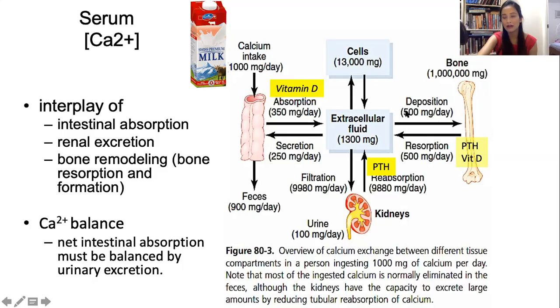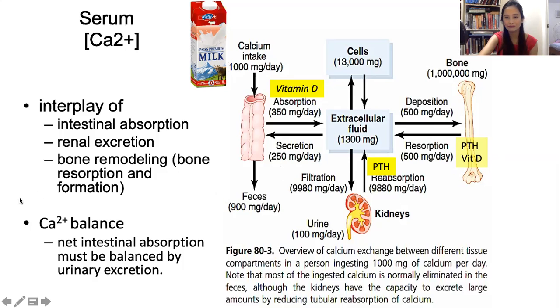So if 500 milligrams is deposited, 500 milligrams of calcium is also resorbed from the bones through the action of your parathyroid hormone and your vitamin D. They all have an impact on the total calcium that is available in your extracellular fluid.